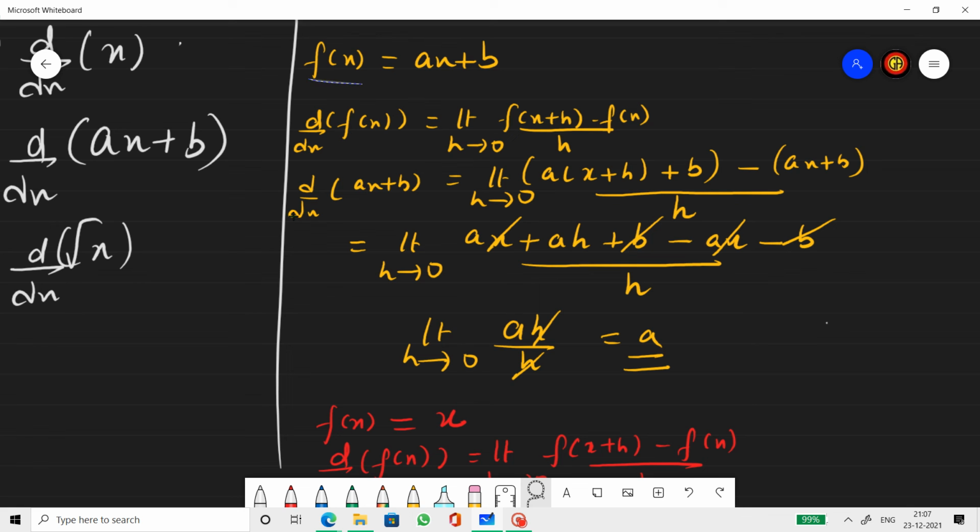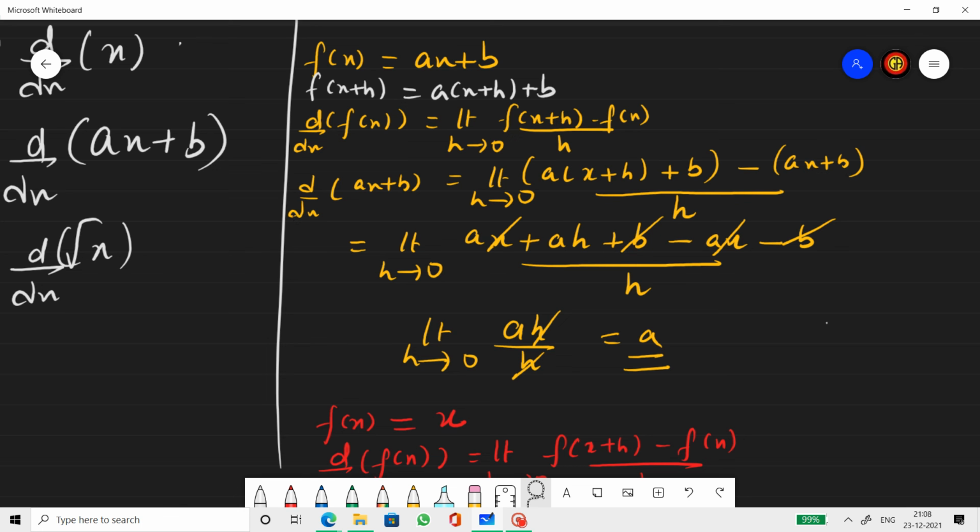This is one crucial point that you need to keep in mind. If f of x is ax plus b, f of x plus h would be simply substituting that in the place of x. So it will come like this. With that, we get this as our f of x plus h minus f of x. f of x is the question itself, so that is applied here.